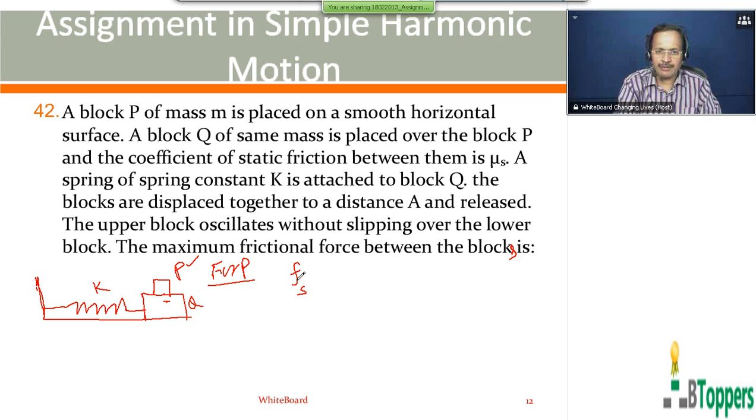So I am applying Newton's second law for block P. For block P at the extreme position, the magnitude of the resultant force equal to static friction is equal to mass into magnitude of acceleration. Magnitude of acceleration at the extreme position is omega square into amplitude of oscillations.